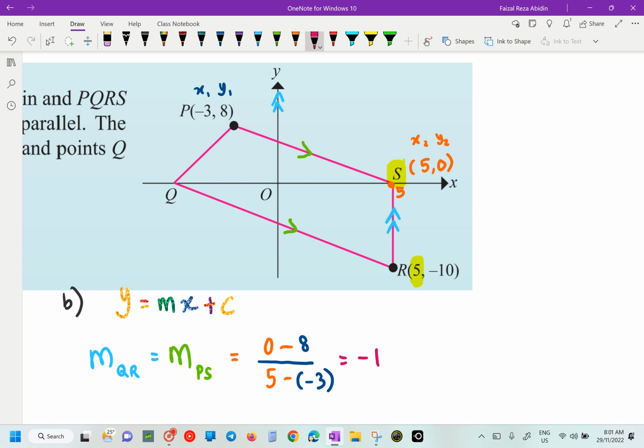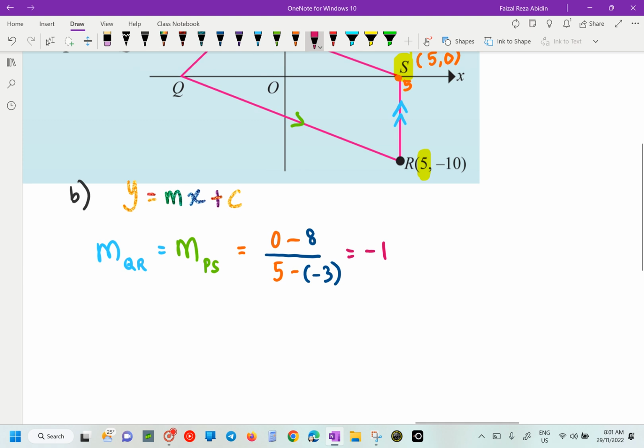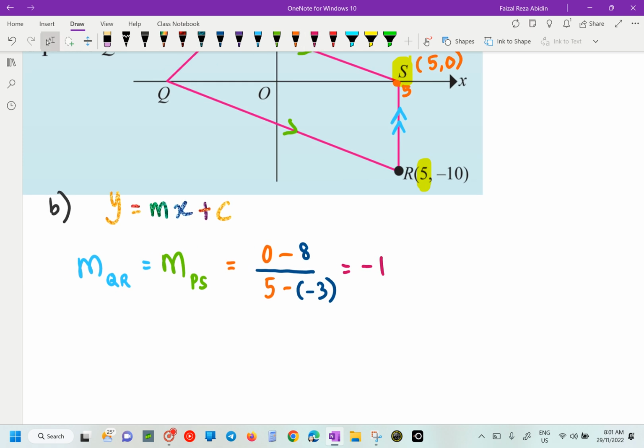Next, to find the equation of straight line for QR, do we have one of the points on line QR? Yes, we are going to use point R, (5, -10).